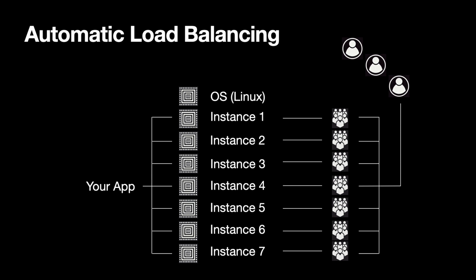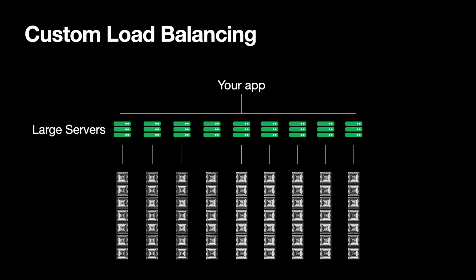Now, if you get to the point where you've got a lot of users and even a large server isn't really enough, in that case, we can set up custom load balancing for you. And as you can imagine, the way this is done is we create a series of large servers, however many you feel you need, and then we can put the load balancer above those servers itself.